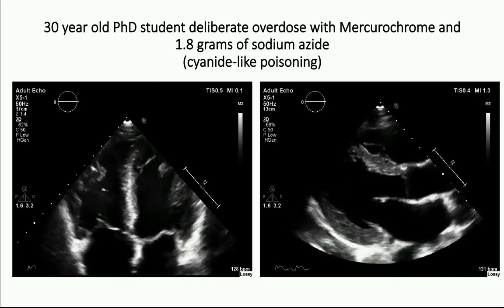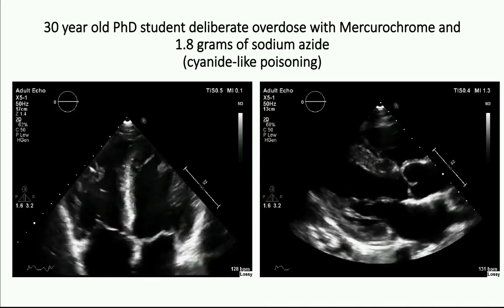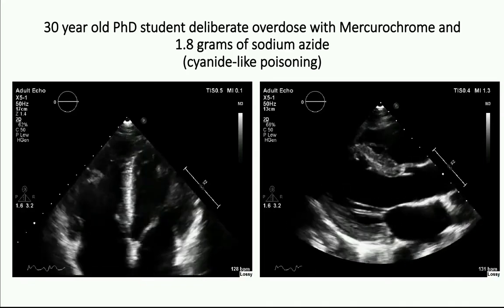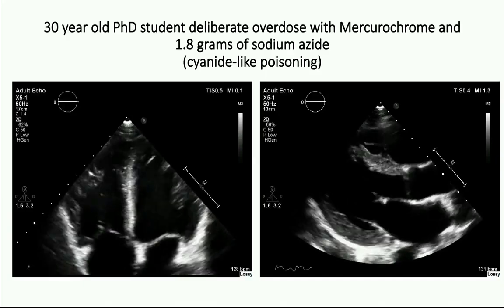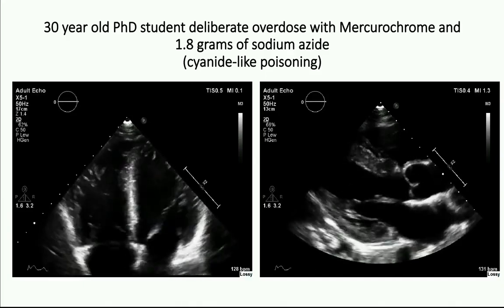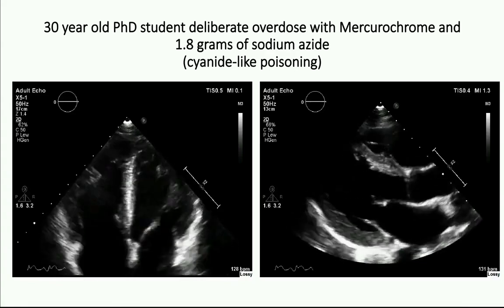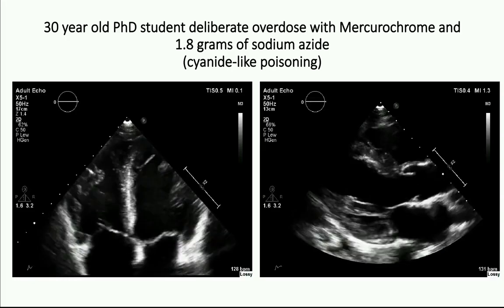And the referring hospital picked up the phone on day 4 of his admission and phoned me and said, we have this patient who's taken this overdose. They usually die by day 4.